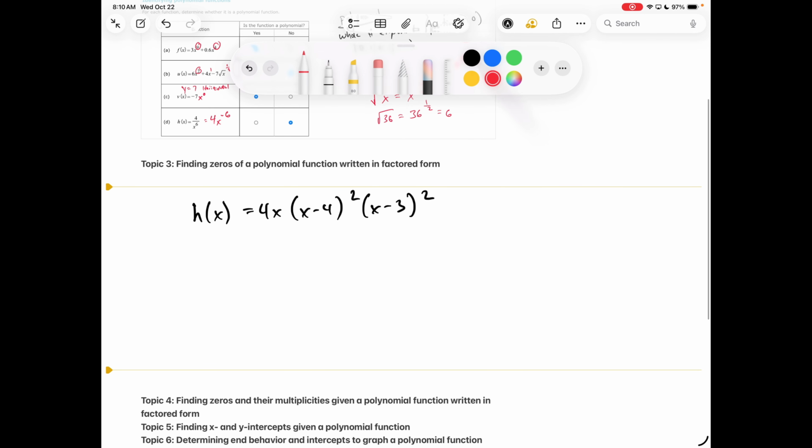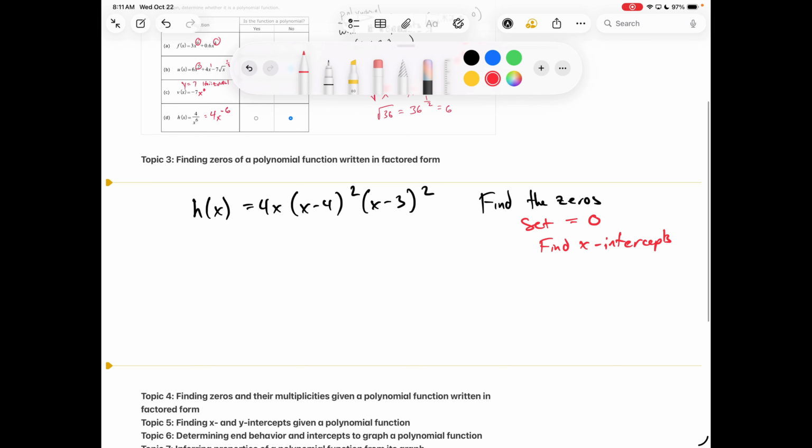So what find the zeros means is when it's all set equal to 0. So you set it equal to 0. This is the same thing as finding the x-intercepts because you are setting y equal to 0. Okay, so this is the same thing as finding the x-intercepts, or just setting the whole thing equal to 0.